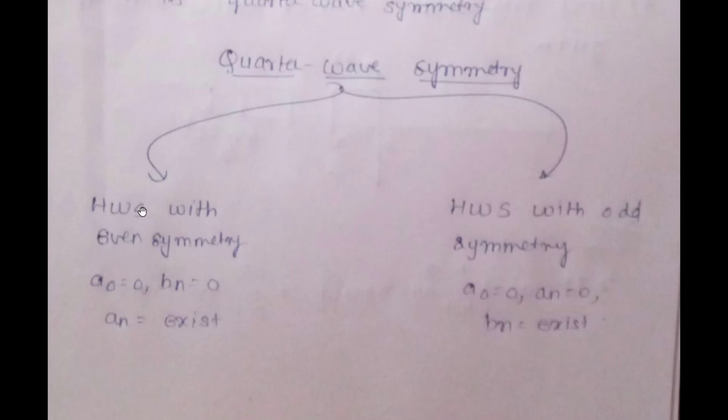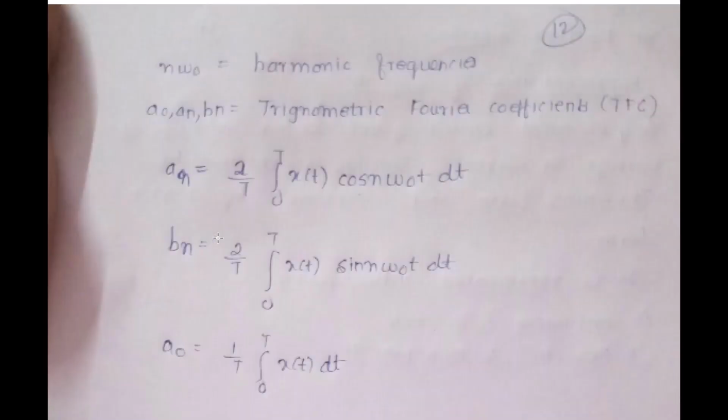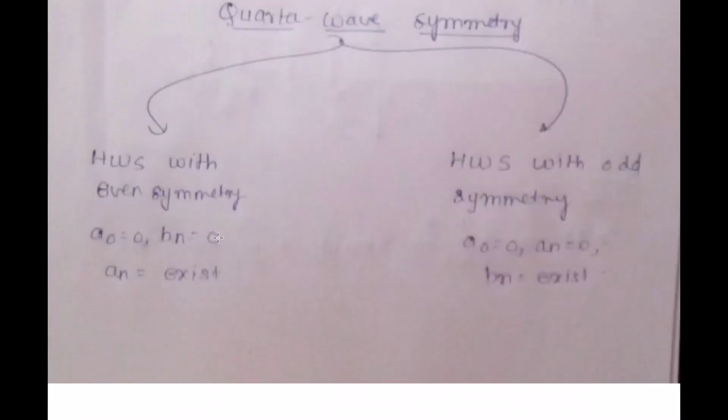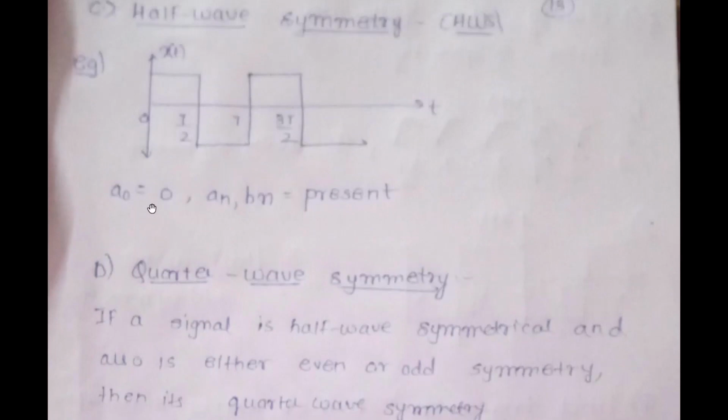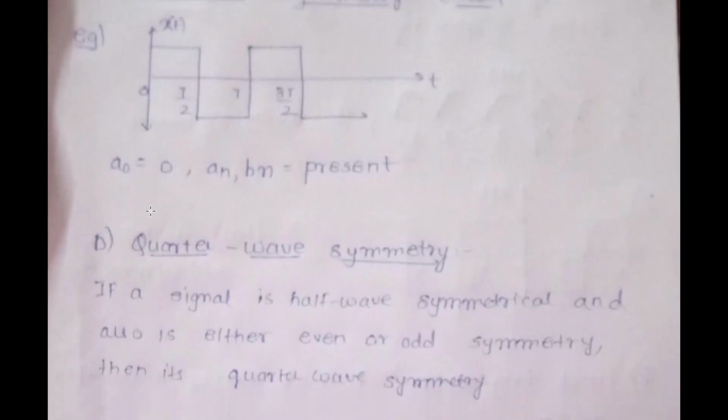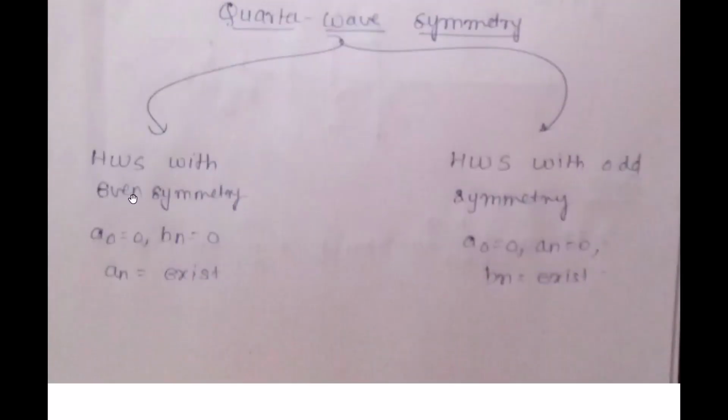So if it's a half wave symmetrical with even symmetry, you know that in case of even symmetry, my bn is equal to 0. And since my half wave symmetry says that my a0 will also be equal to 0, since it's a combination of half wave plus even symmetry, my a0 is 0, bn is equal to 0 and only my an will exist.